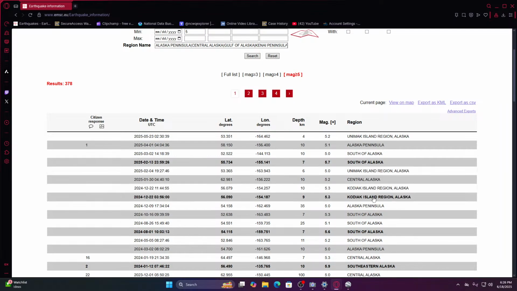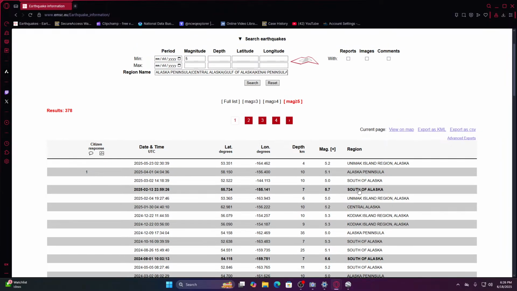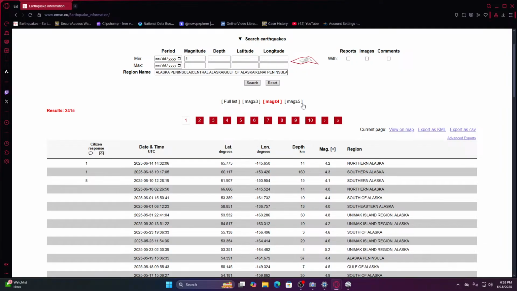So we can see those 5.3, 5.3. There's a 5.6 there. Unimak, South Alaska. So the bigger earthquakes, we've had 5.2s. The last 5.2 was 5/23, 2025, and then we'll see the fours.